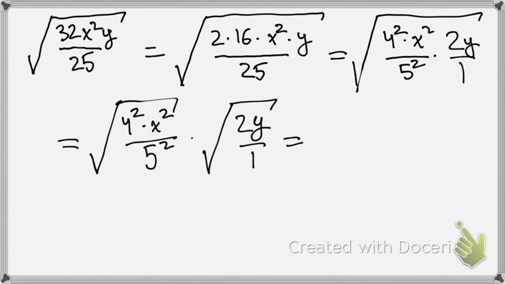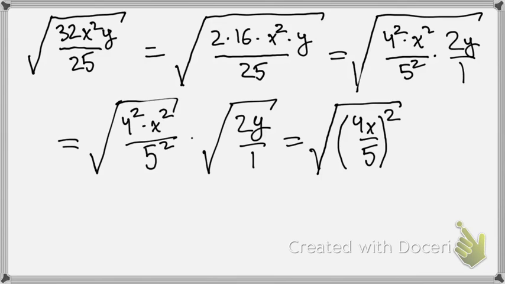In the first root, I'm going to use the properties of exponents and simply factor out the square as a square of the whole fraction. In the second case, well, 2y over 1 is just 2y, so I'm going to write this as the square root of 2y.